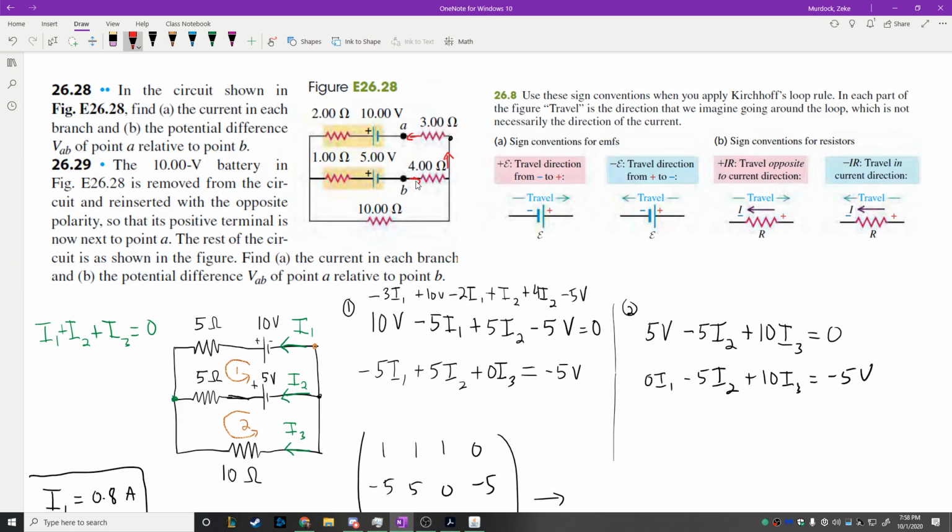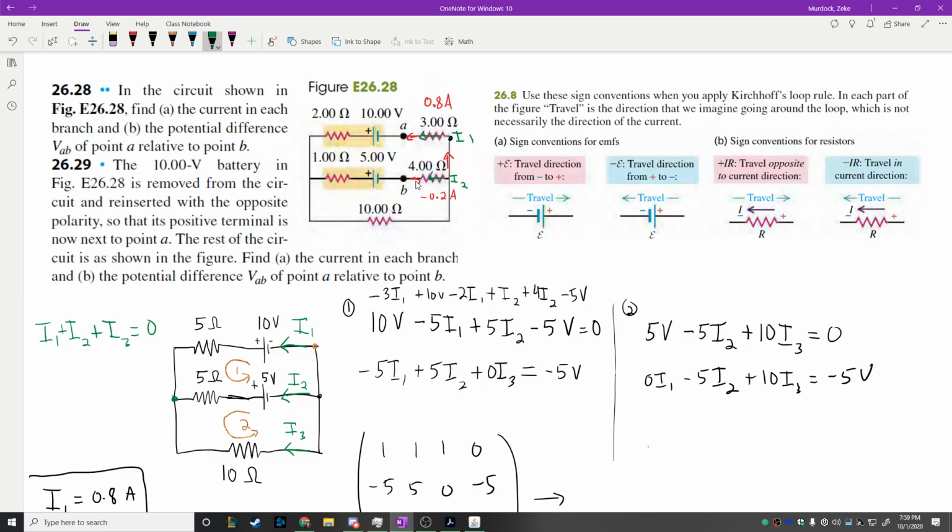So our numbers were that the I1 right here was 0.8 amps up here, and the other one was I2, and you got negative 0.2 amps flowing in this piece right here. So we were going from B to A, right? So from B to A, what we get would be 4 times 0.2, but because of the direction we chose for I2, I went this way here, and the current that we chose up here went this way.